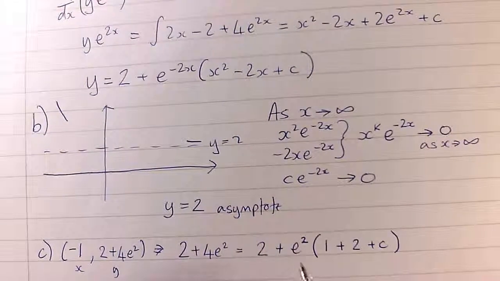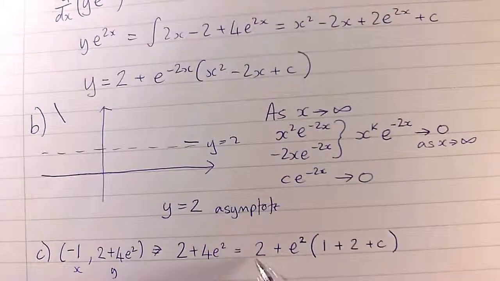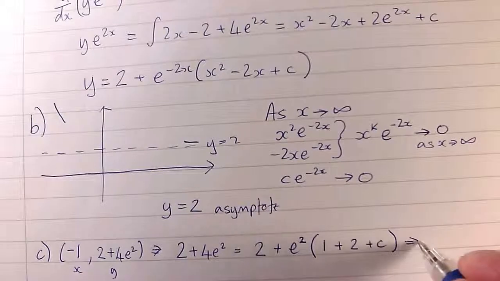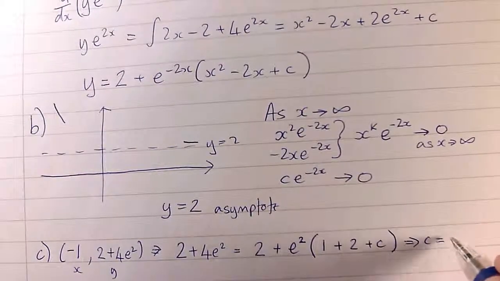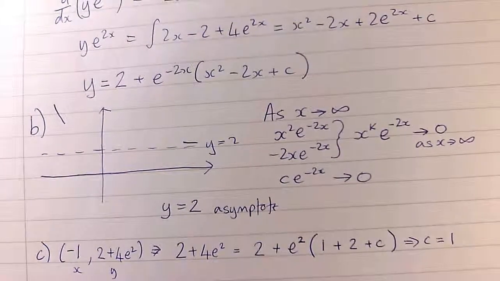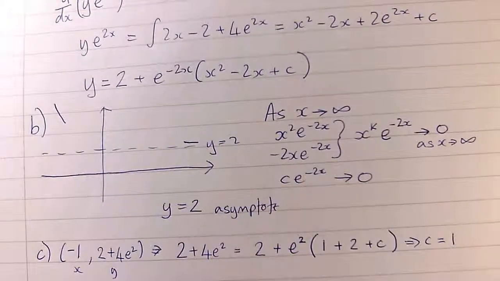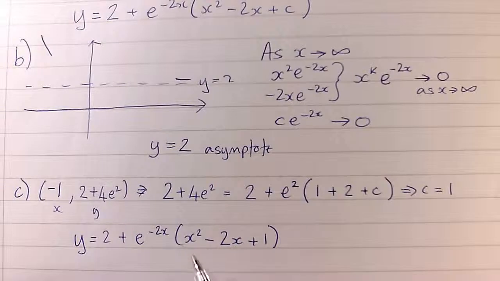And in order to find out what c is, I can see that this 2 agrees with that, and that 4e squared will agree with this as long as c equals 1. So now I know that c equals 1, this equation with c equals 1 is the particular solution that I'm interested in.